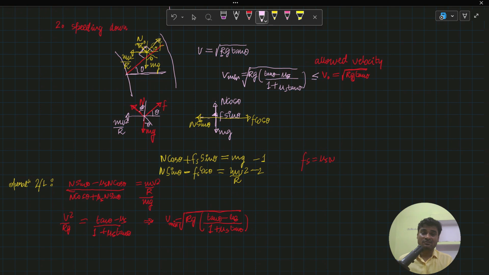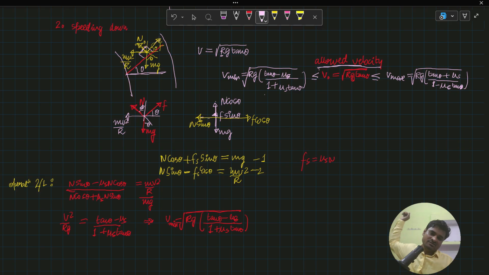We can go down to this velocity before our vehicle starts to skid, and there is also a maximum velocity. So these are the allowed velocities on a banked road before our vehicle starts to skid.